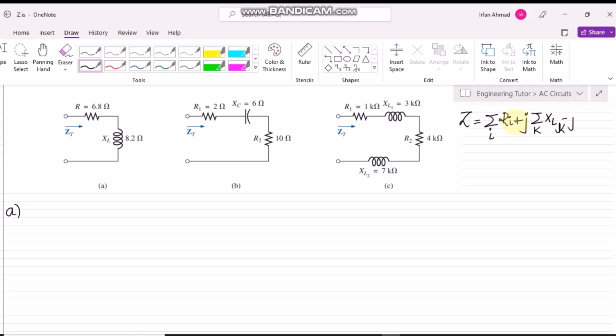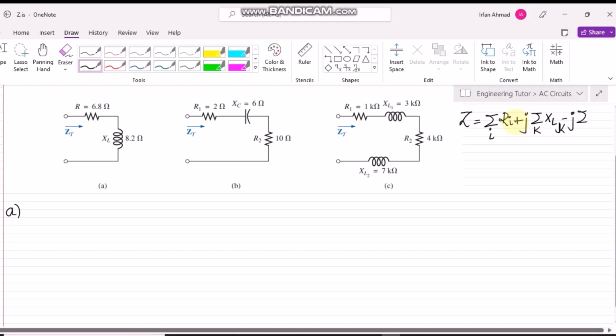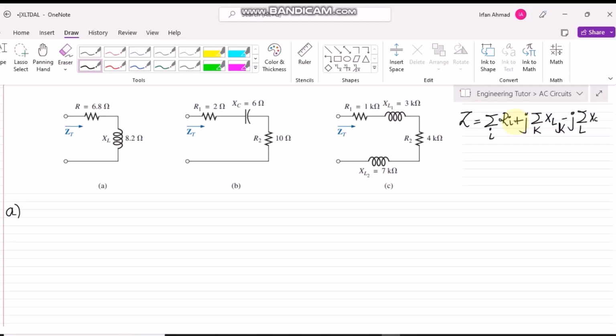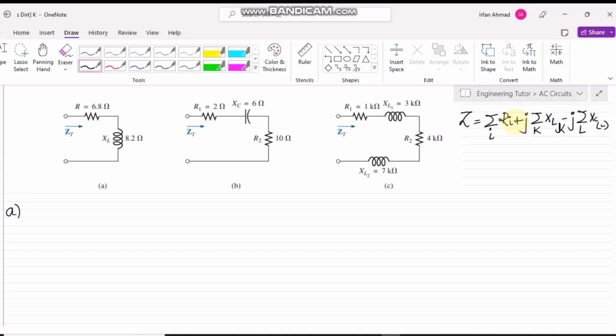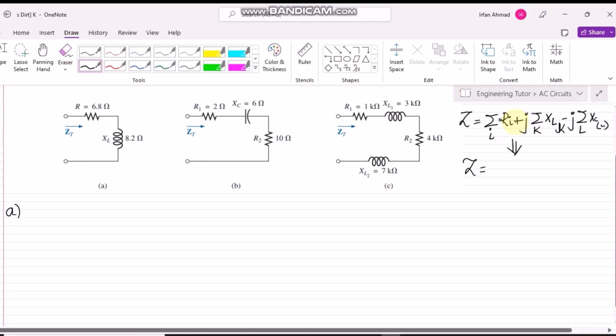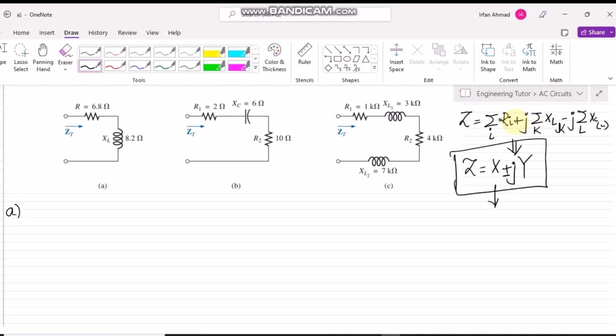Similarly, after it minus j and add all the capacitive reactances. So in this strategy, at the end we will get the simplified impedance, which will be composed of some component X plus j capital Y, or it can be minus as well. So this will be the cumulative impedance of our circuit.